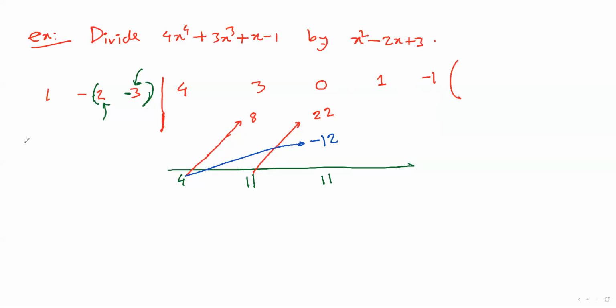So let's get back to where I was. So if you add all three here, 0 plus 22 plus -12, you are going to get 10 here. So we have 10 here.